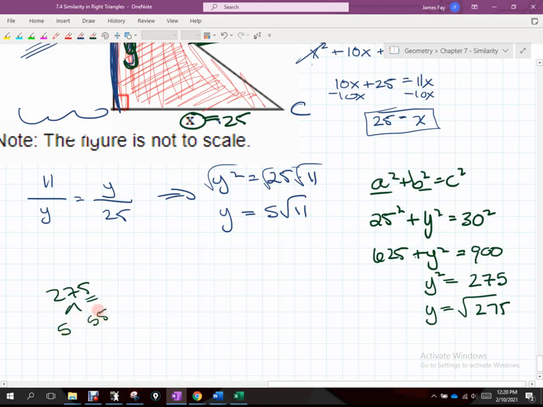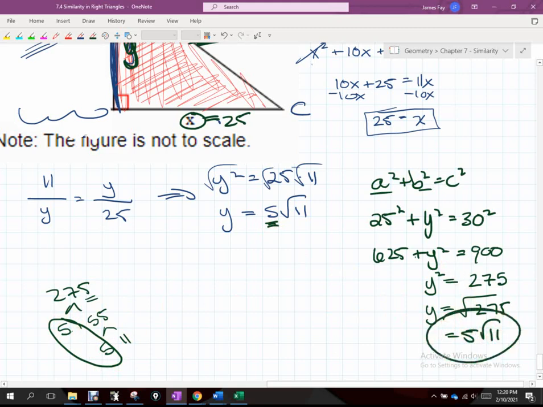So 5 times 55 will give me 275. Does that make sense? What divides 55? 5 and 11, right? Is that a group of 5s? Come out. And then we got our 11 that stays underneath.